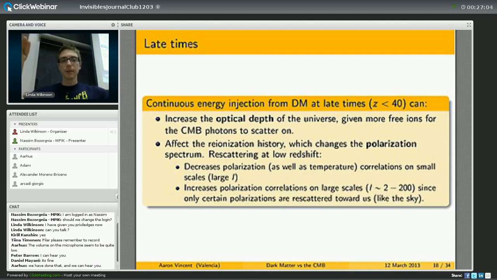And this is because Thomson scattering can only rescatter photons that have a given polarization towards the observer, meaning that you'll get some increased correlation which has to do with the distance from us to that surface of rescattering. And it's a bit like looking at the sky. The sky is effectively adding correlation to the polarization of the sunlight that wouldn't have been there if the light hadn't rescattered on the sky.